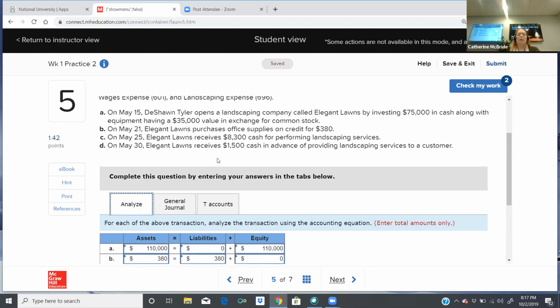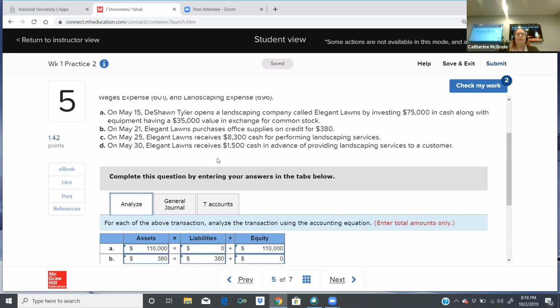So what type of account is cash? Look at your resource sheet. Cash is an asset. What type of account is service revenue? And this one's easy because it has the word revenue in it. So that would be revenue. So now we have an asset and we have revenue. All right, now look at your resource sheet.